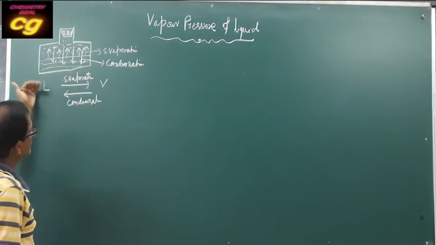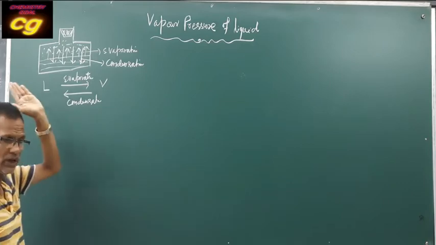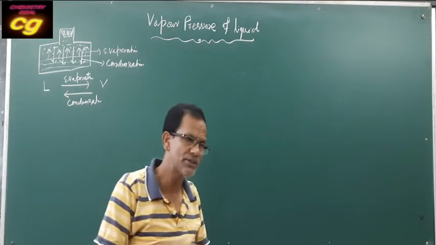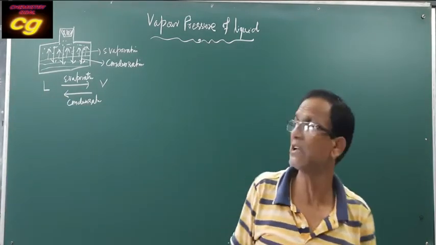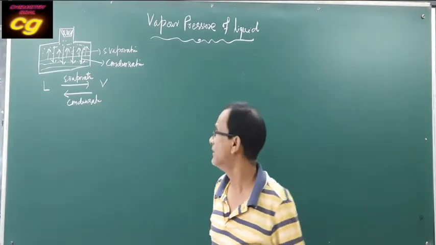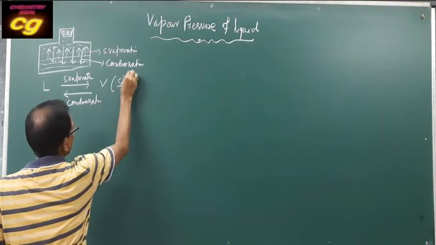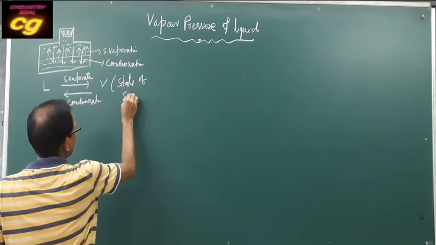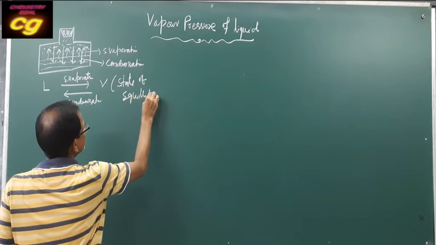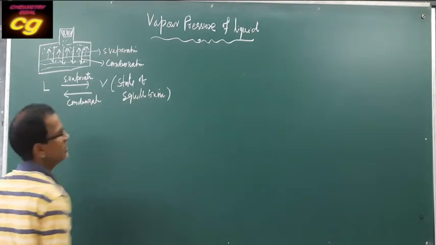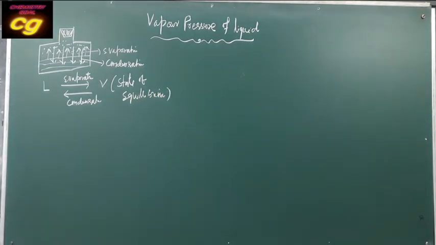So when evaporation and condensation occur simultaneously, when the rate of evaporation and condensation are equal, that is called the state of equilibrium.